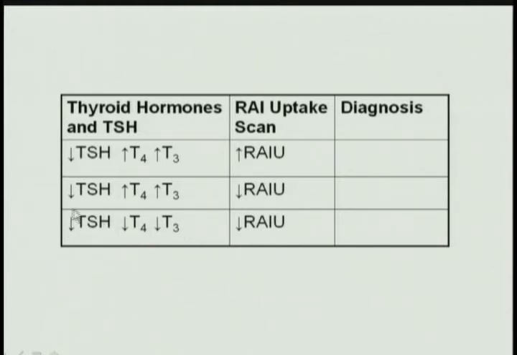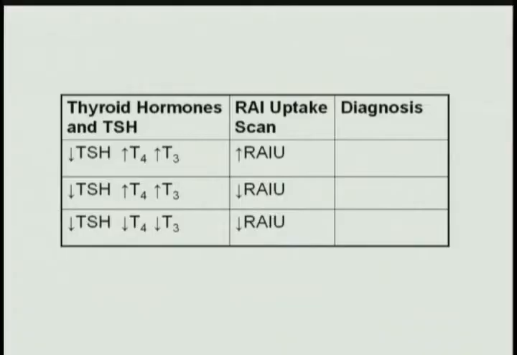That's from the pituitary. So this patient would have something like Sheehan syndrome or pituitary apoplexy, one of those syndromes that would be consistent with secondary hypothyroidism. And you confirm that with the radioactive iodine uptake scan, and your diagnosis here would be secondary hypothyroidism.